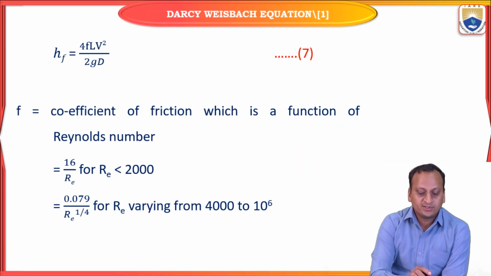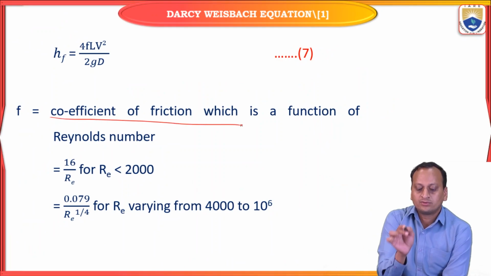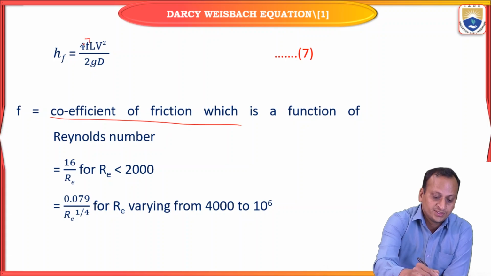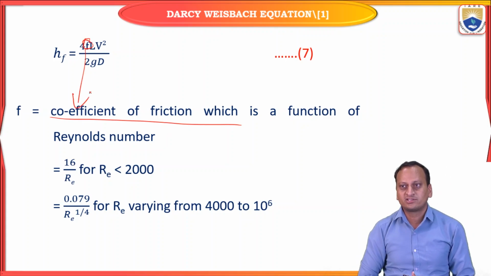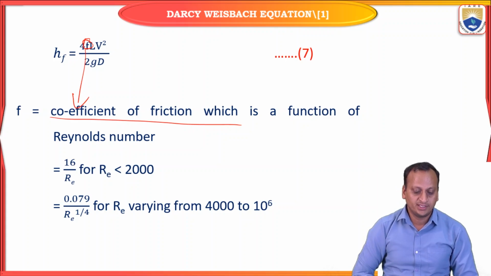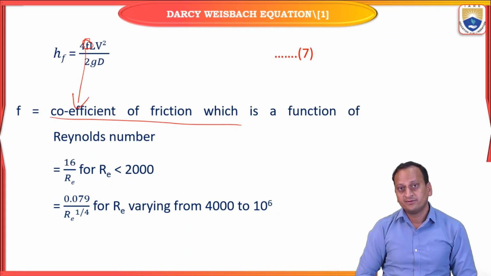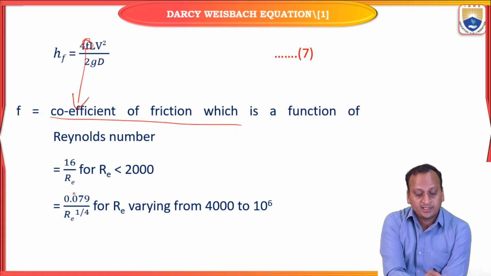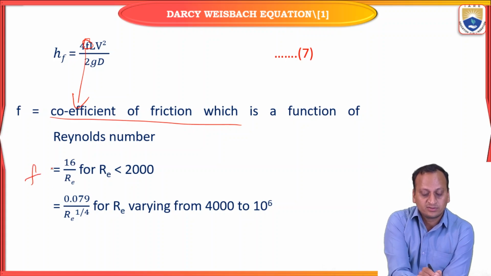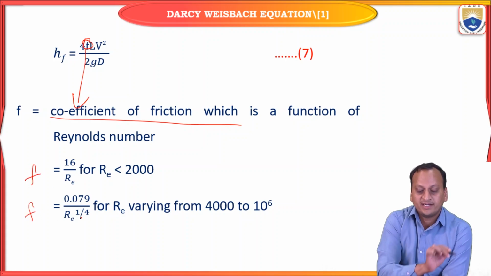In 4FLV square by 2GD, F is equal to the coefficient of friction. If it is only F, the definition will change. In that case, F is nothing but the coefficient of friction. F equals 16 by Re, and F equals 0.079 by Re power 1 by 4; its definition will vary.